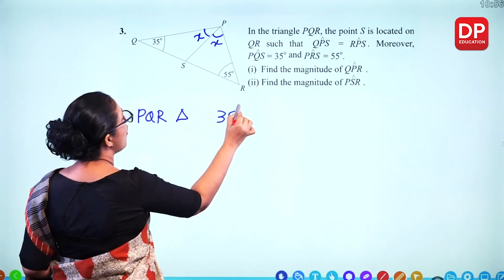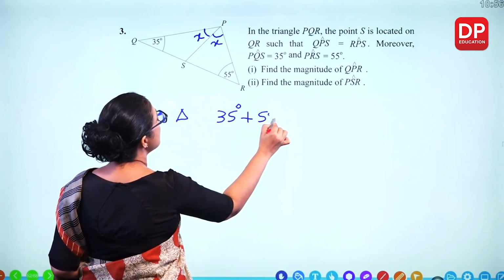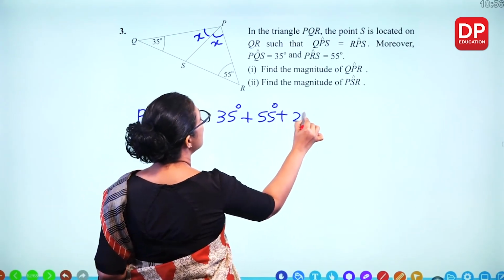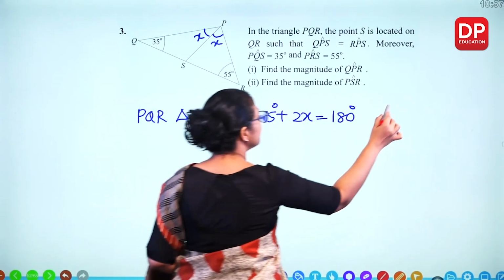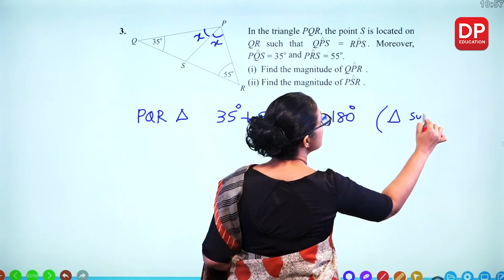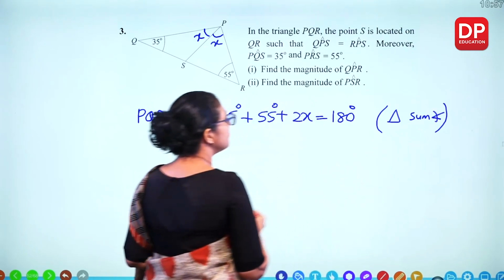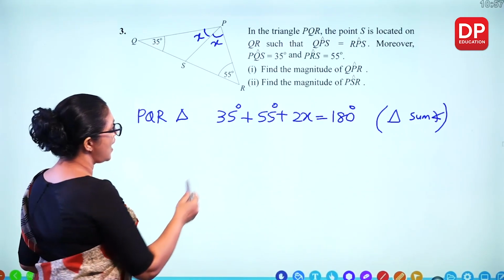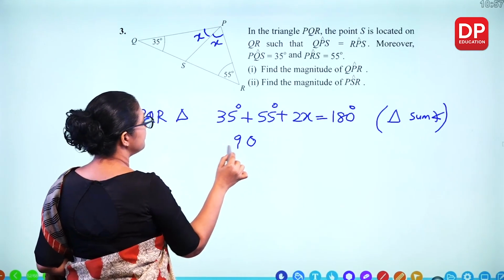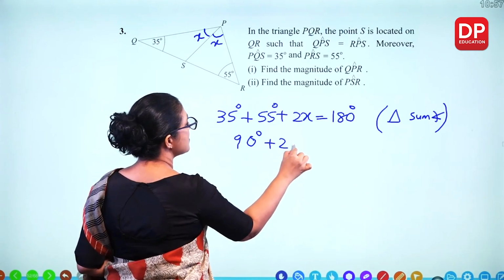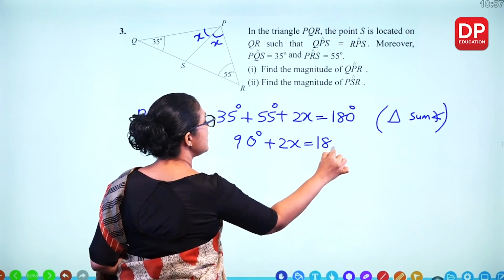Angle sum of that triangle is 180, sum of angles in a triangle. So add these two. 90 plus 2x is equal to 180.